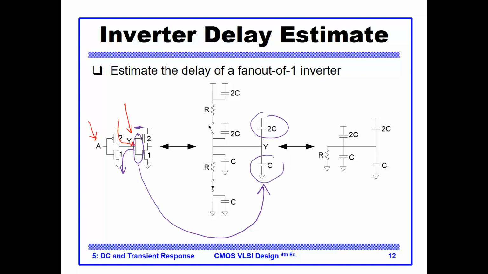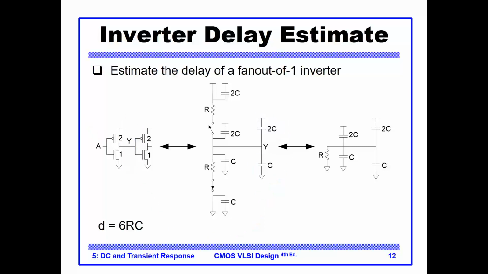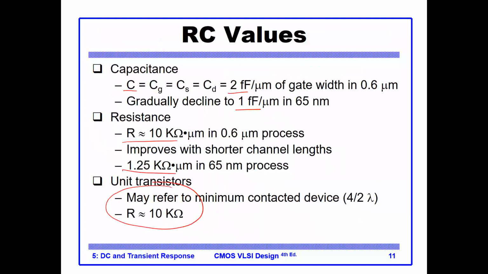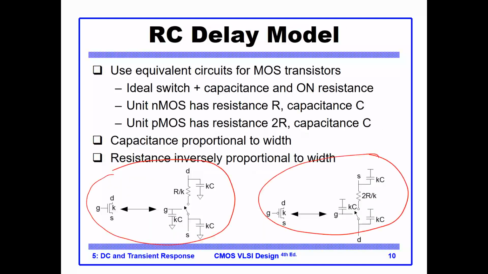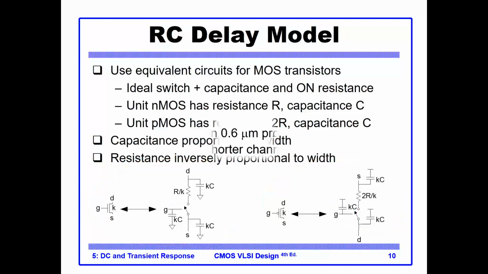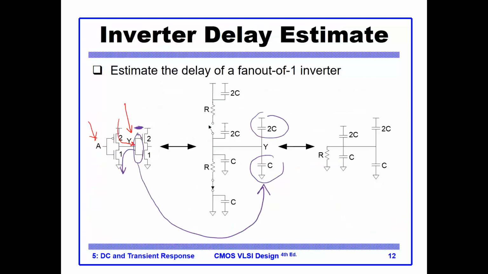Because of the gate capacitance. Let's go back slightly to the previous slide, so we remind ourselves. Remember that for the gate capacitance we have K times C. In our example, for the NMOS K equals 1, and for the PMOS K equals 2.